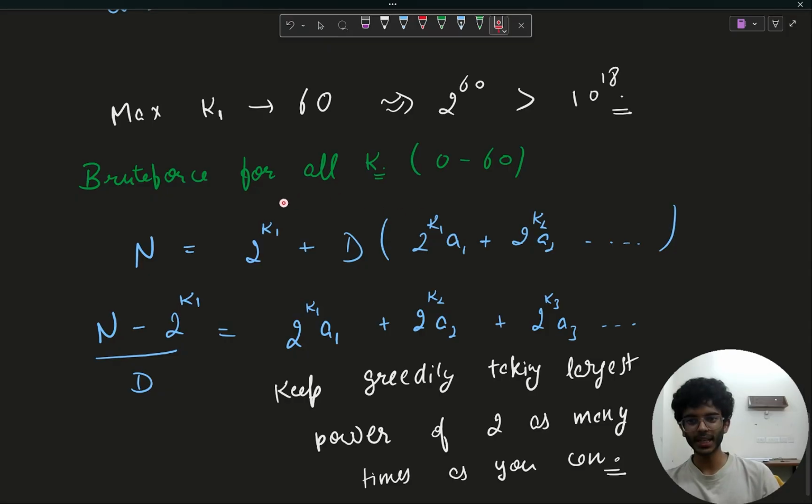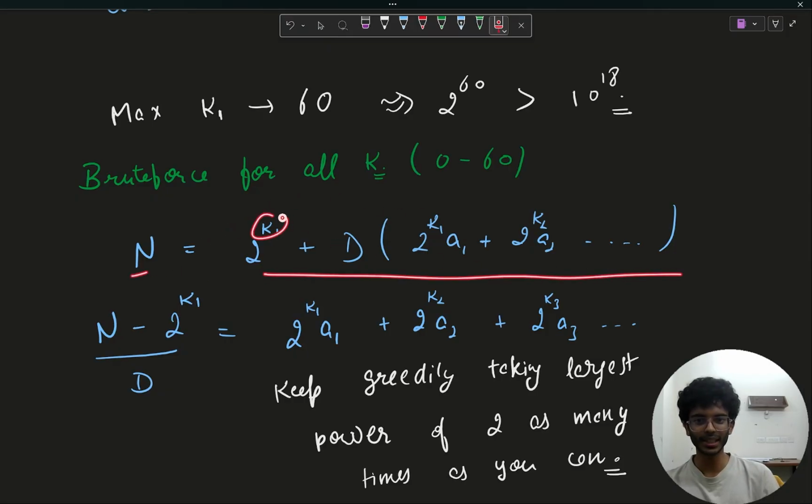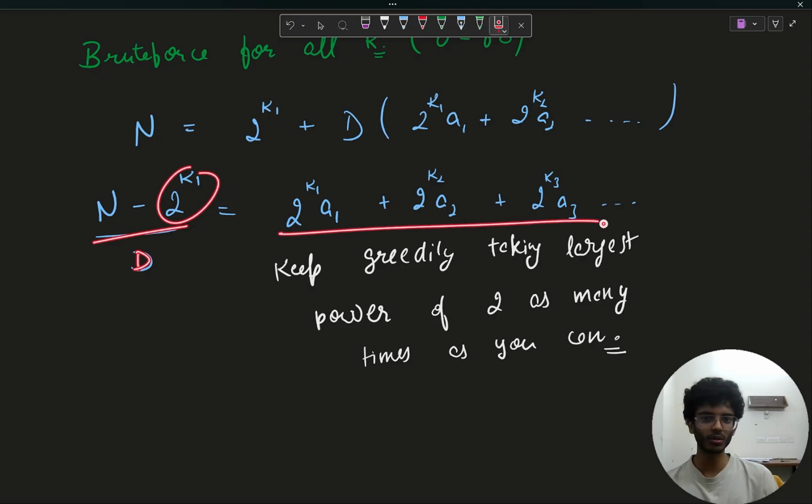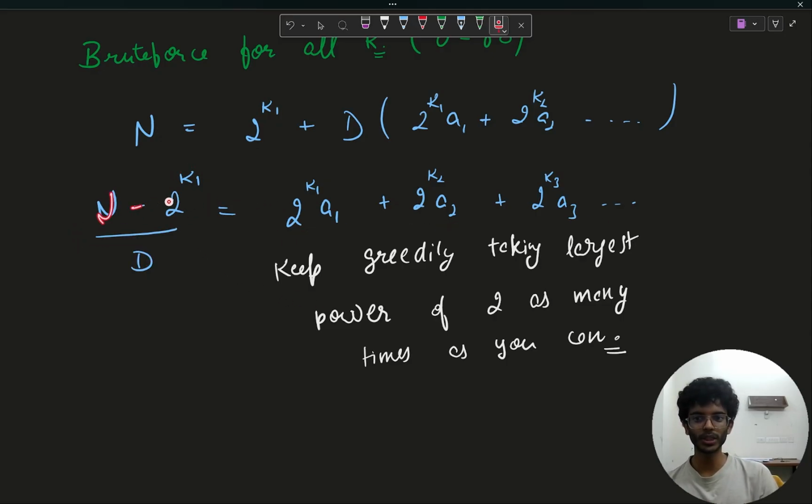Now we know that our n is equal to this thing, and this k1 is fixed from our loop from 0 to 60. Now n minus 2 raised to the k1, upon d, would be equivalent to this. For this to be valid, n minus 2 raised to the power k1 has to be greater than or equal to 0 and divisible by d, right?